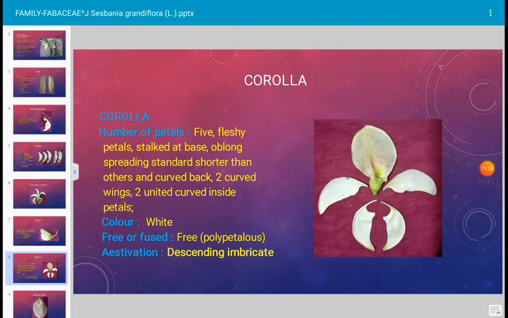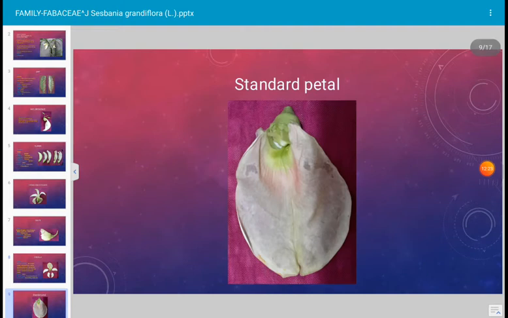Descending imbricate estivation means what? The odd petal is situated posteriorly and completely outside, and the anterior pair of petals are completely inside. The remaining petals show regular overlapping in a descending manner. Such a type of arrangement of the petals in the flower is described as descending imbricate estivation.